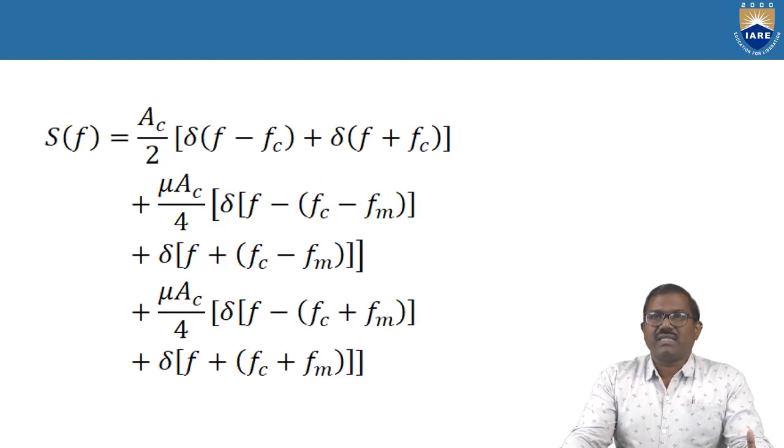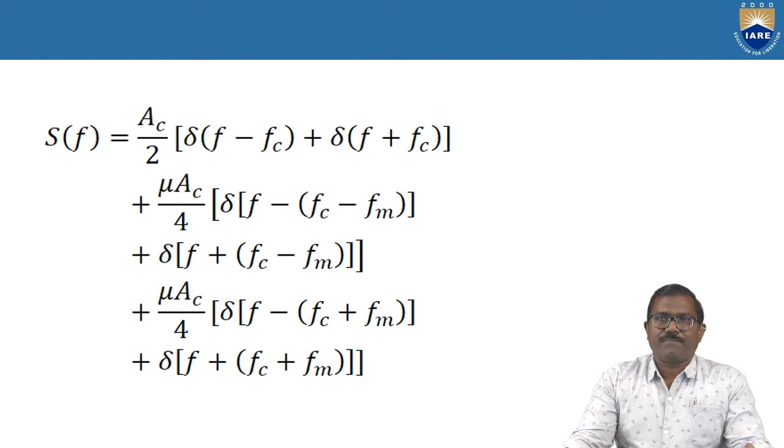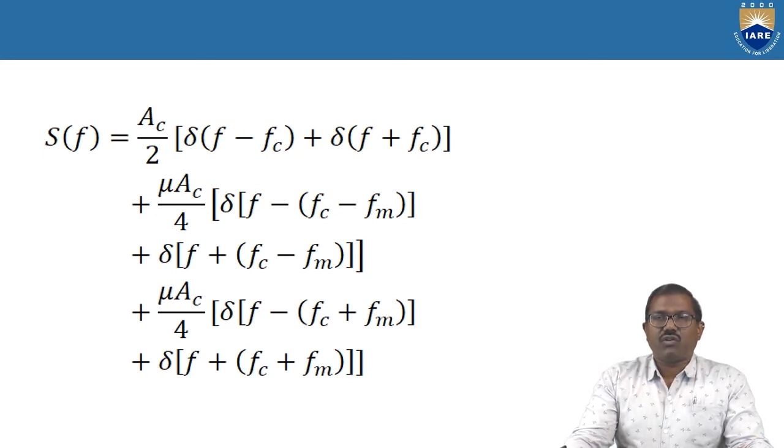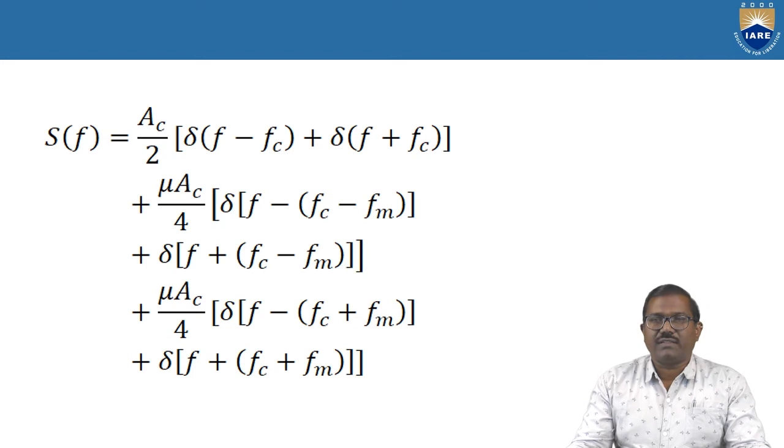You get this value, delta of f minus fc plus delta of f plus fc, and the remaining terms are mu Ac by 4 of delta of f minus fc minus fm plus delta of f plus fc minus fm, and again the second term, mu Ac by 4 of delta of f minus fc plus fm plus delta of f plus fc plus fm. This is the frequency spectrum of this amplitude modulated signal.